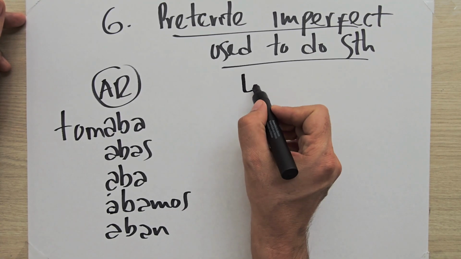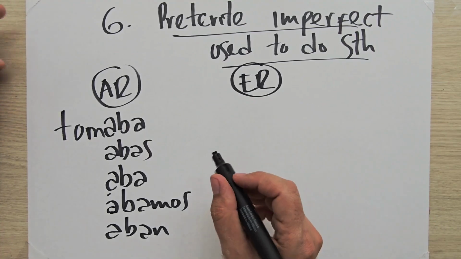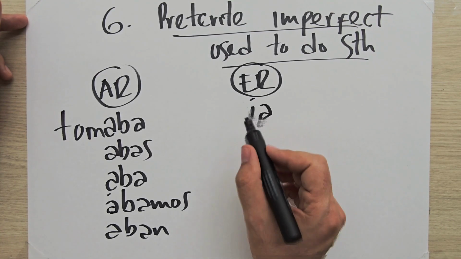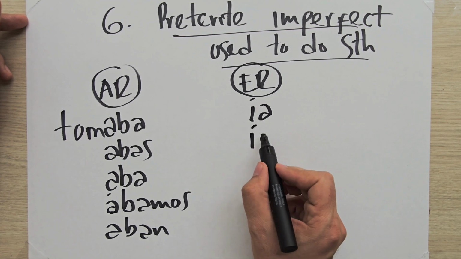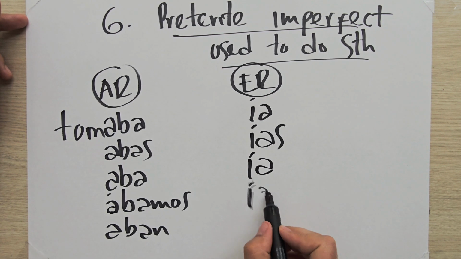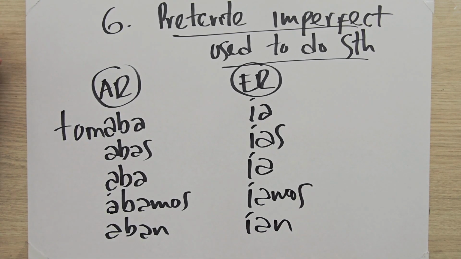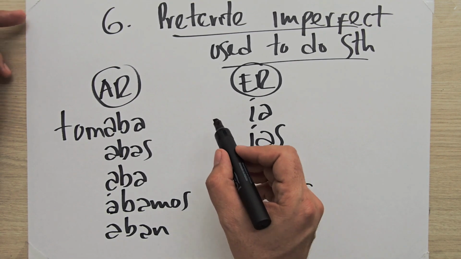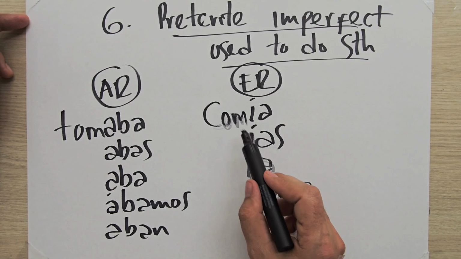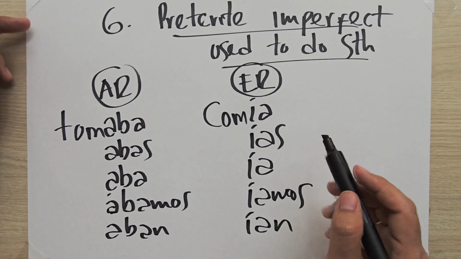For ER verbs, the conjugation is different, so this is a little bit tricky. The ending is going to be ía with emphasis on the I. Ía, ías, ía, íamos, ían. For example, a common verb is comer. Comía, comías, comía, comíamos, comían. I used to eat.